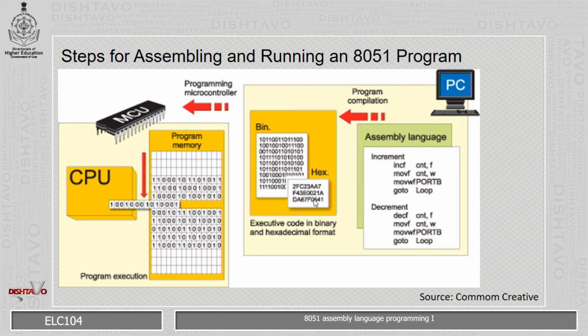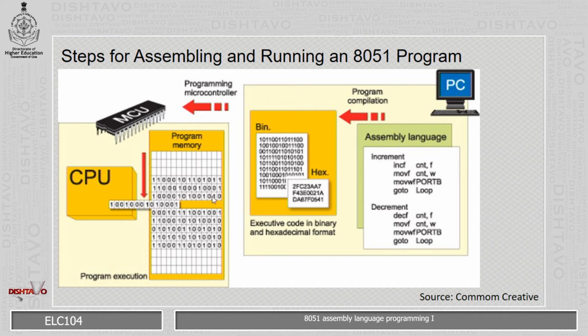Basically it boils down to a binary file which has to be written or burnt onto a microcontroller unit. This binary file can be burnt by using some EEPROM programmer or some tools like Flash Magic and so on onto the microcontroller memory.